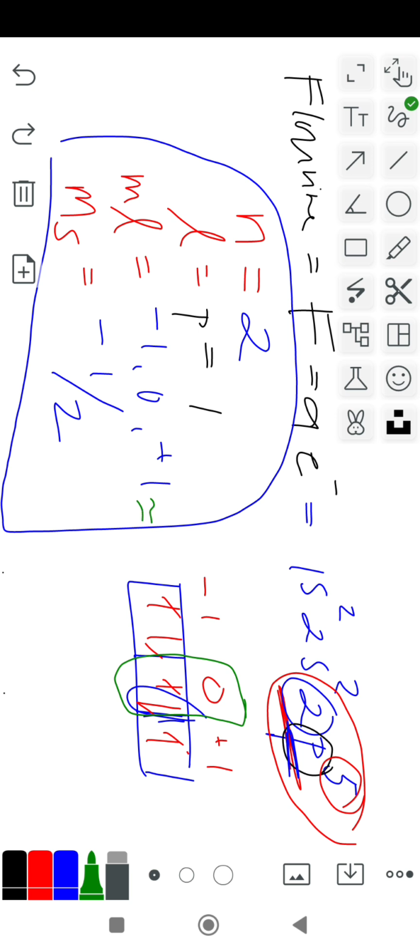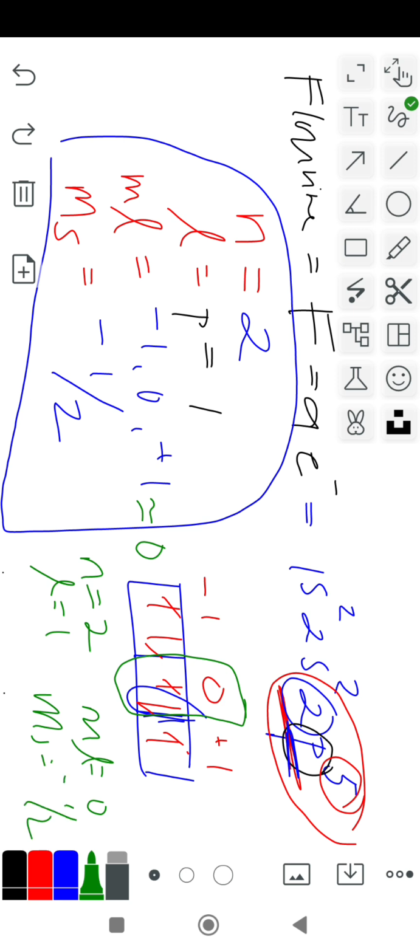Therefore, we have the answer 0 for the ML. As simple as that. So the final answer will be N is 2, L is 1, ML is 0, then MS is negative 1/2.